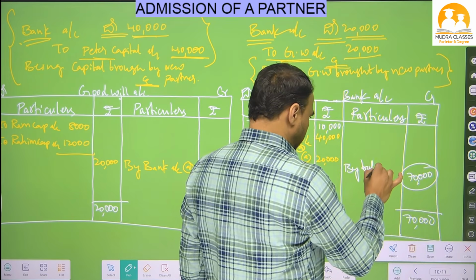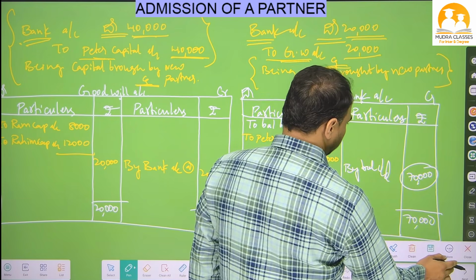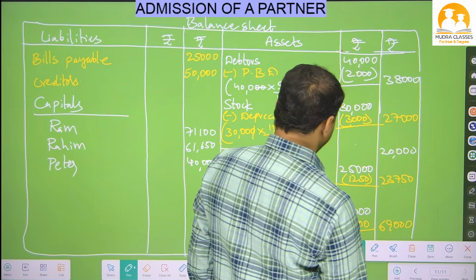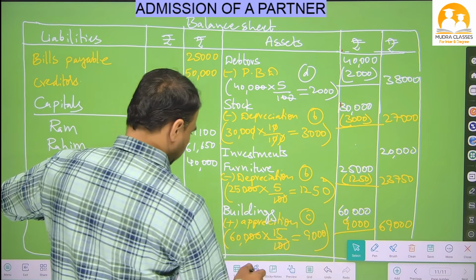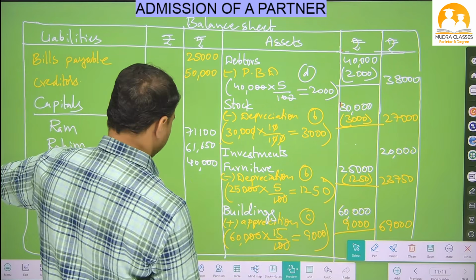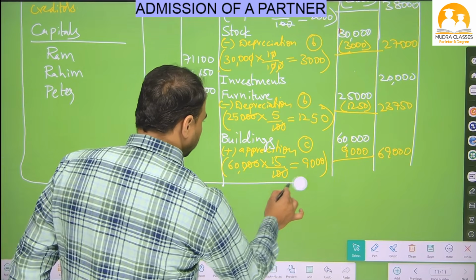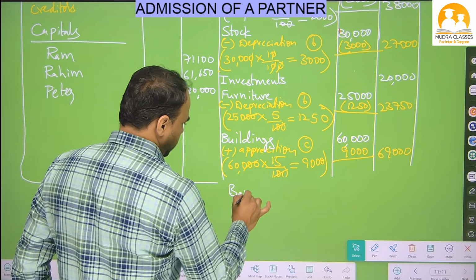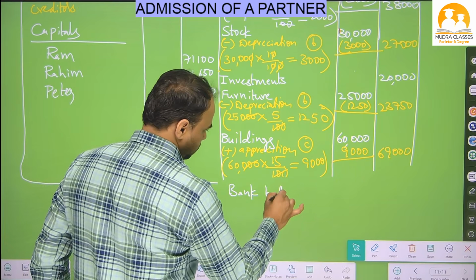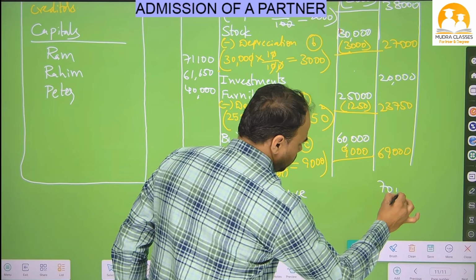This is called by balance carried down. So this balance carried down we will write in balance sheet asset side. Balance sheet asset side you have to write bank balance 70,000 rupees directly outer column.